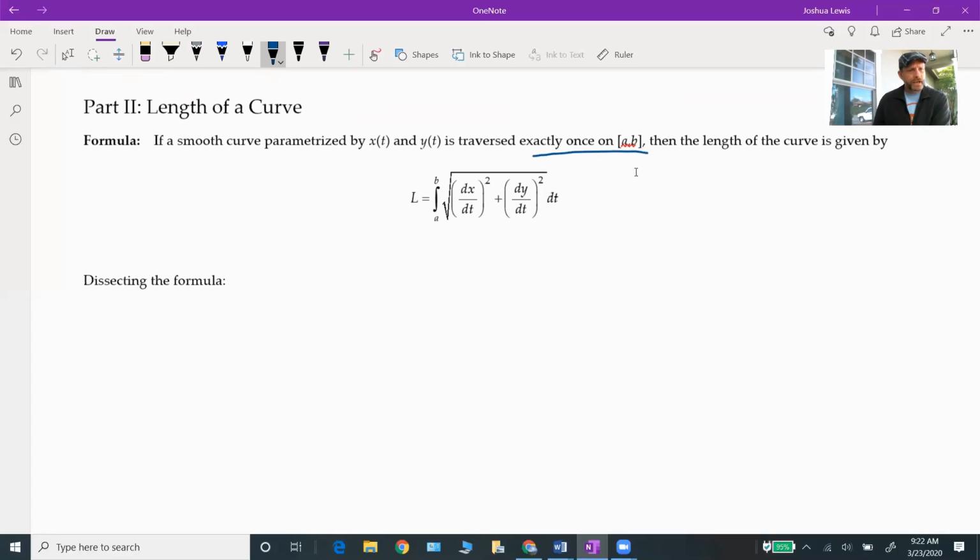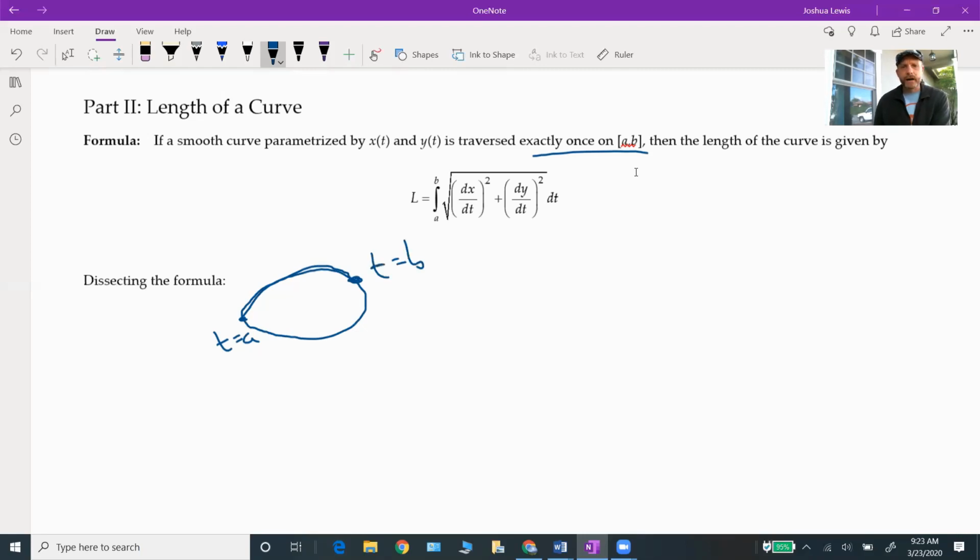What we don't want to have happen is that maybe this is t equals a, and the curve does something like this and goes around again, and maybe this is t equals b, right?